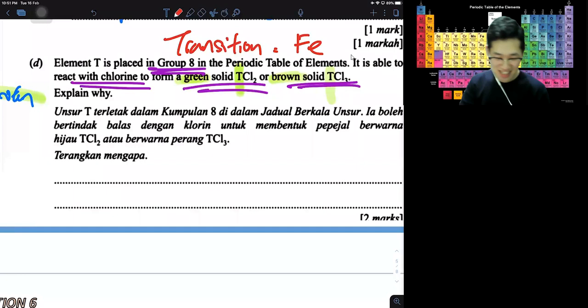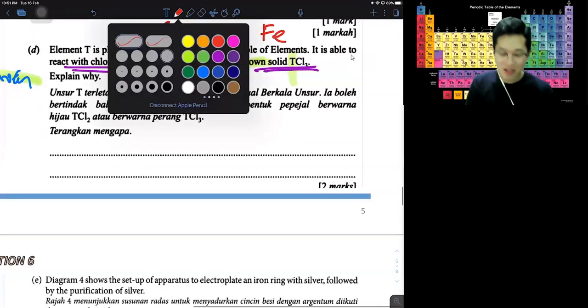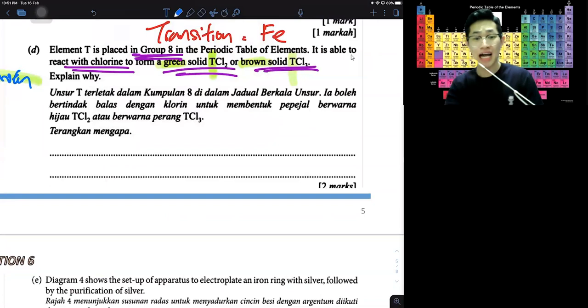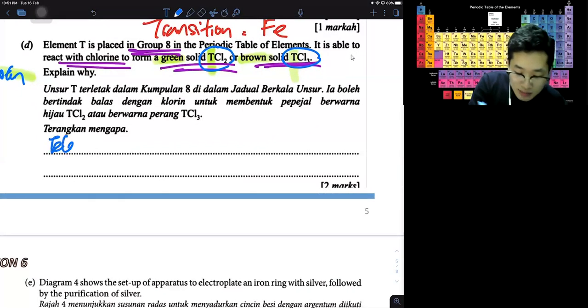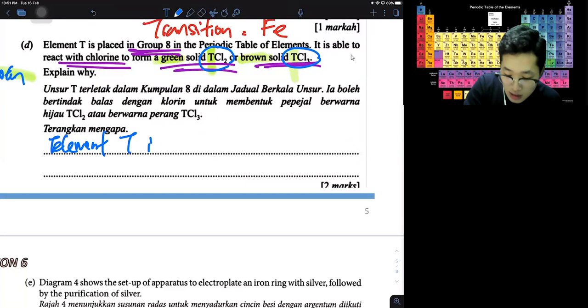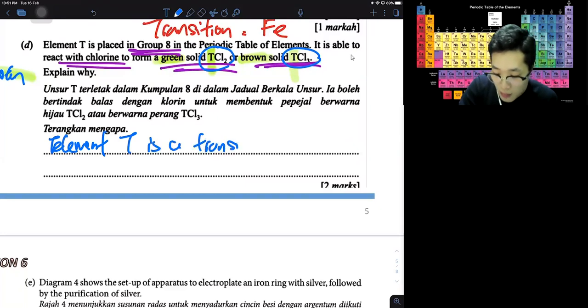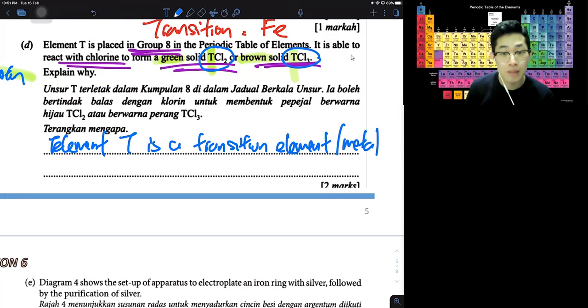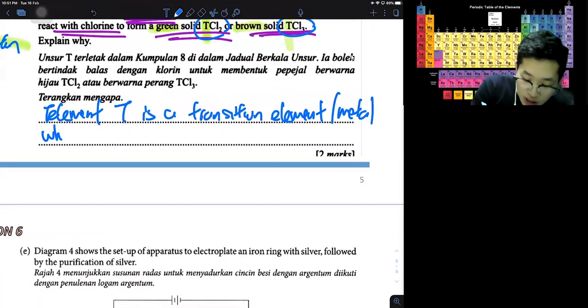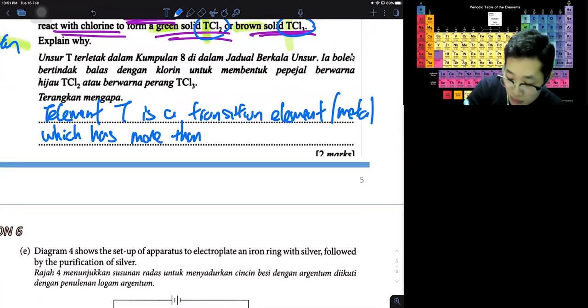Okay, next. So they ask you why it is able to form two colors, and then you can see two formulas, TCl2 and TCl3. The reason is because element T is a transition element, or transition metal also can, which has more than one oxidation number.